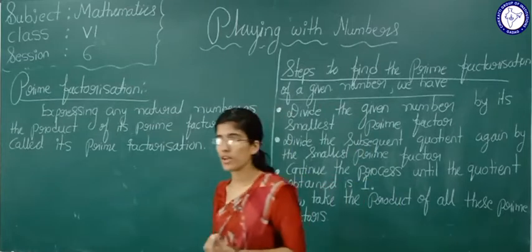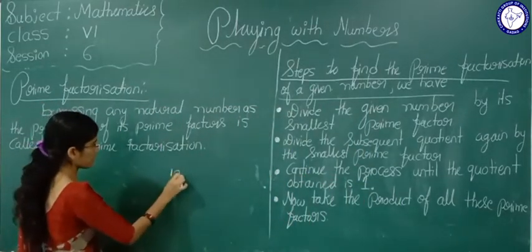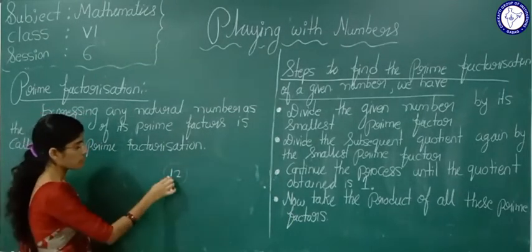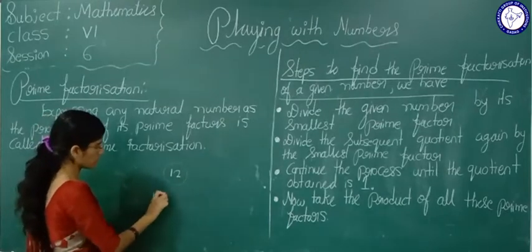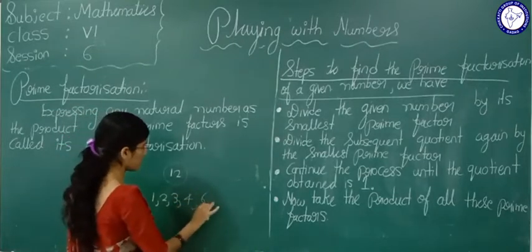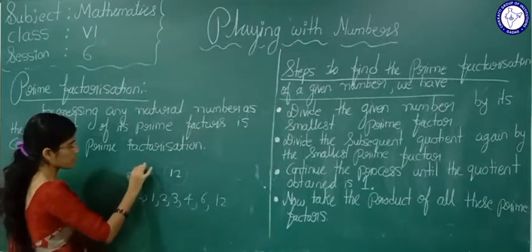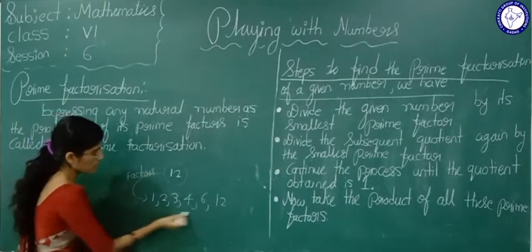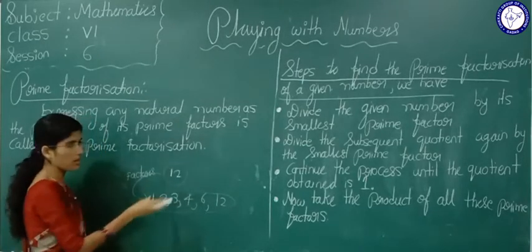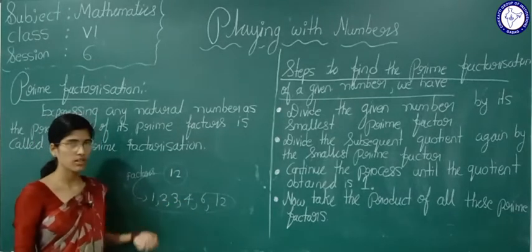What is the meaning of factor? See here, 12 is a number. What are the factors of 12? 1, 2, 3, 4, 6, 12. So these are the factors of 12. Factors means the numbers which divide the given number exactly. Then these numbers are called factors of the given number.